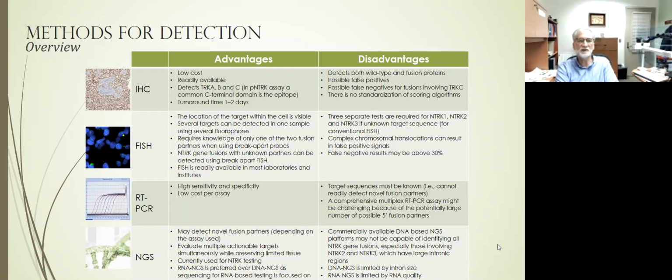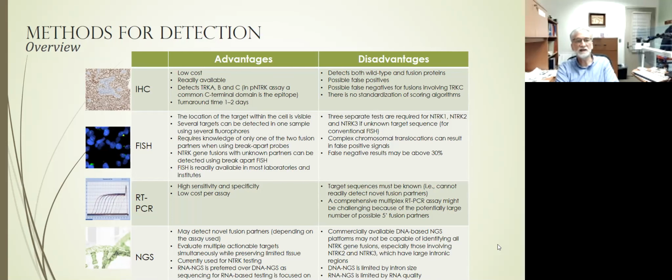Gene rearrangement can be detected with fluorescent in situ hybridization. The RNA product can be identified using RT-PCR, and that can also be detected as a part of a comprehensive analysis of cancers that is offered in next generation sequencing.